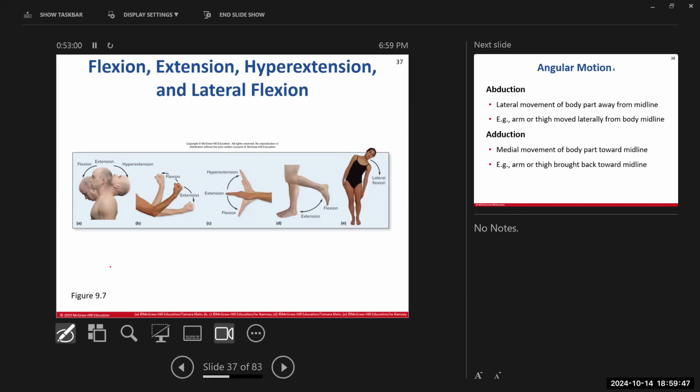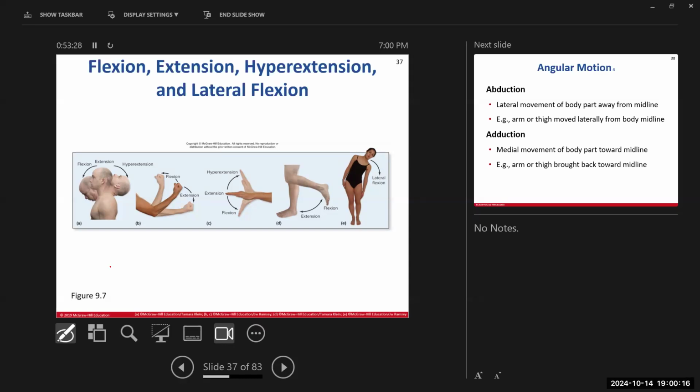Here's another example of flexion and extension. When you ask somebody to flex their knee, just bend their knee. And then when you ask them to straighten out their leg, they're going into extension there. Right? The wrist here is another example of flexion, extension, and hyperextension. So again, when your wrist is straight out like it is here, or in the anatomical position, when you ask them to flex their wrist, they're going to bend their fingers forward.